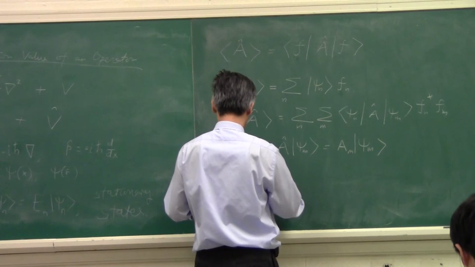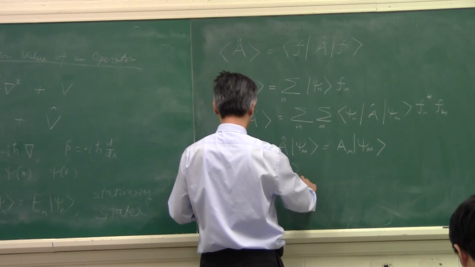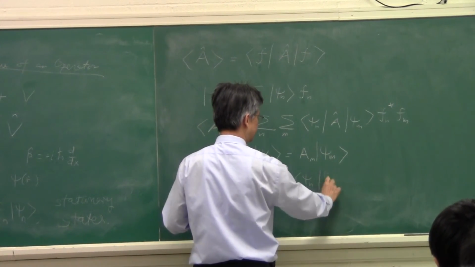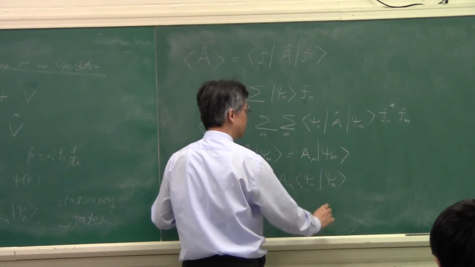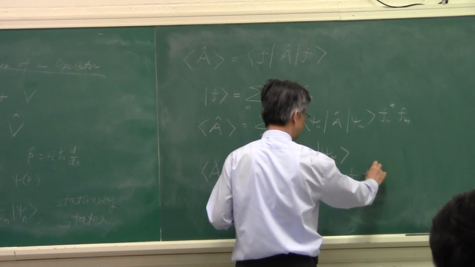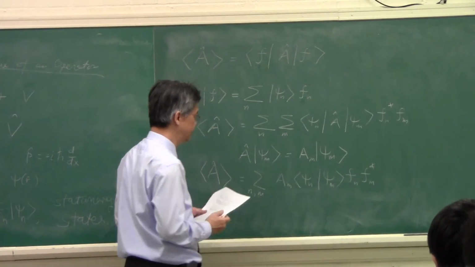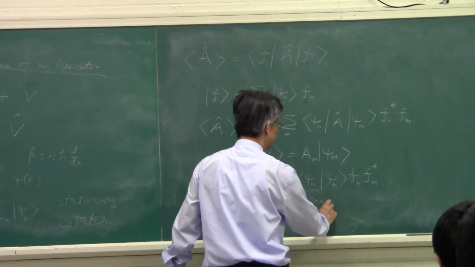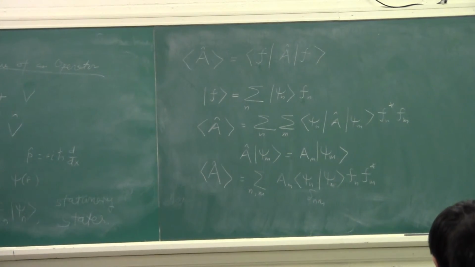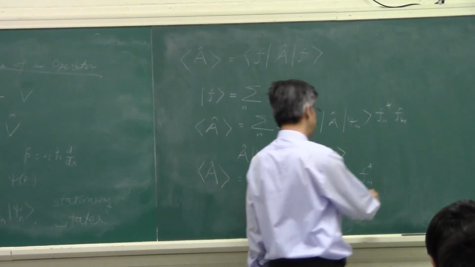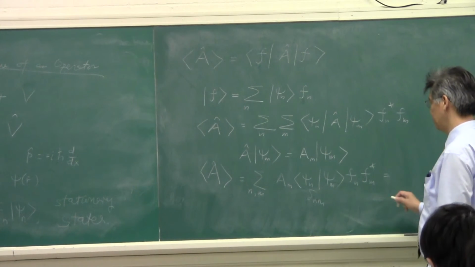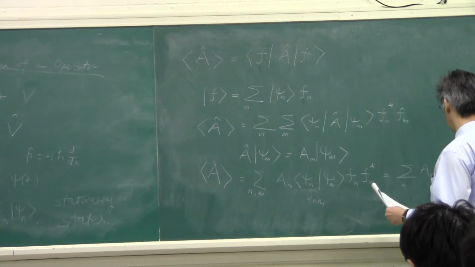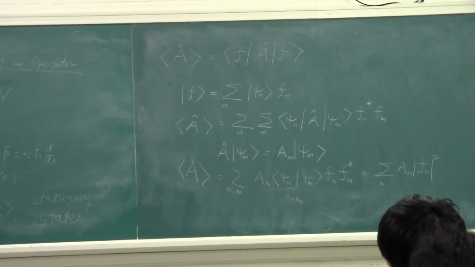This is replaced with an eigenvalue a m, you get psi n, psi m, and then f n, f n star, a sum over n and m. But then this becomes orthonormal, it just becomes delta nm. We define these eigenfunctions to be orthonormal with respect to each other, so one of the summations drops out, and n becomes m after the summation. Finally you are left with only one summation, and that being equal to that.